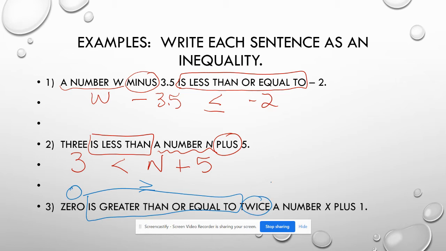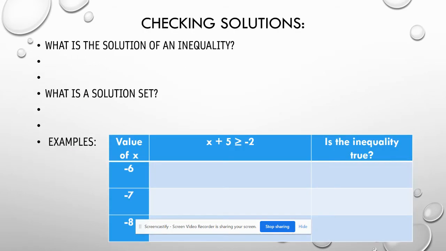Twice means multiplying by 2, a number x plus 1. So 0 is greater than or equal to 2x plus 1. You try the next two.